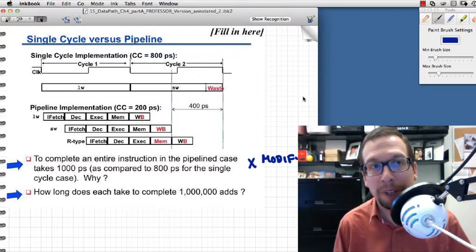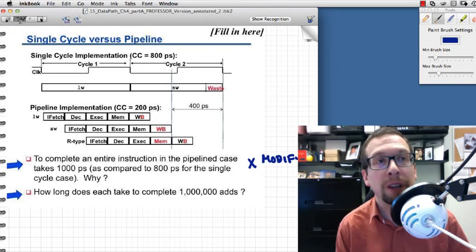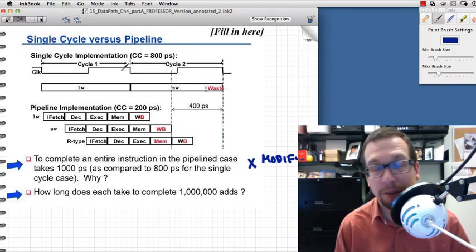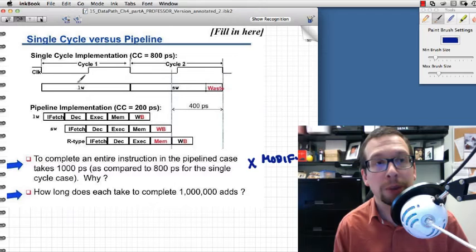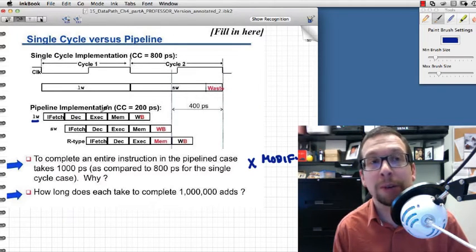Okay, so now we need to compare a single cycle to a pipelined type of architecture. So if we assume that for a given instruction in single cycle, which is the simplest way we can do this, it takes 800 picoseconds to complete an instruction. So we're going to break it down. For instance, for a load word in single cycle, you have 200 picoseconds for a fetch, 100 picoseconds for decode, 200 for the execution.